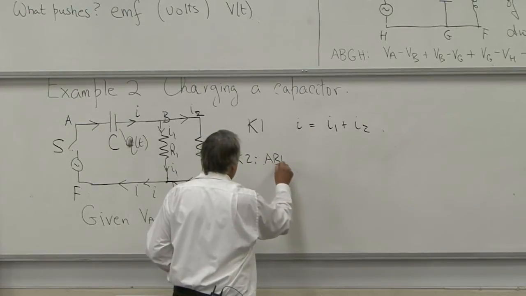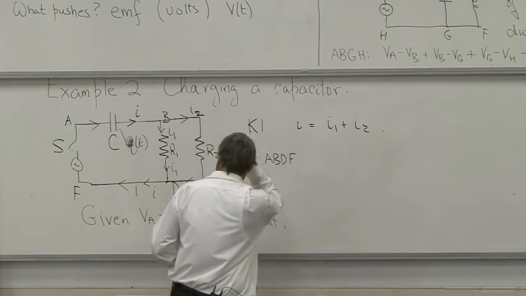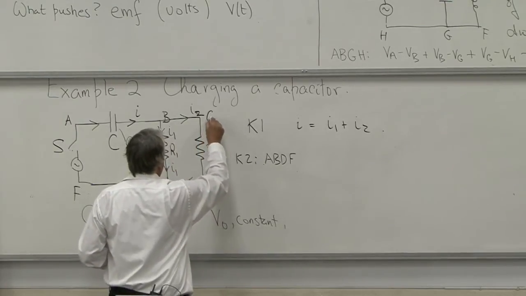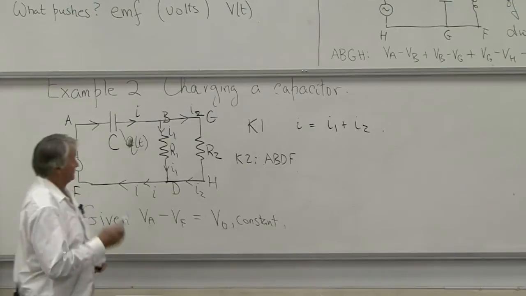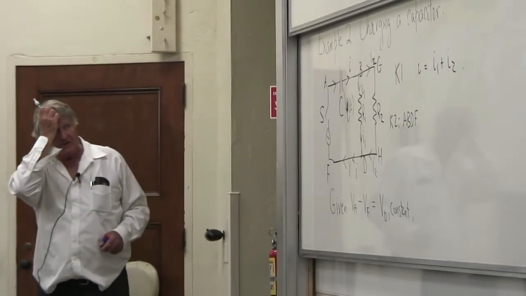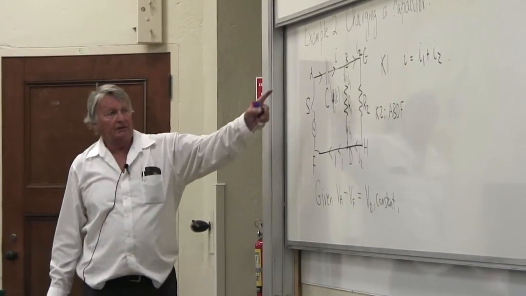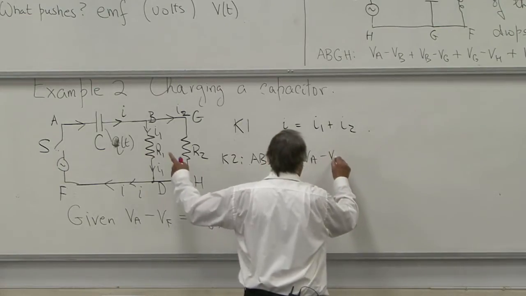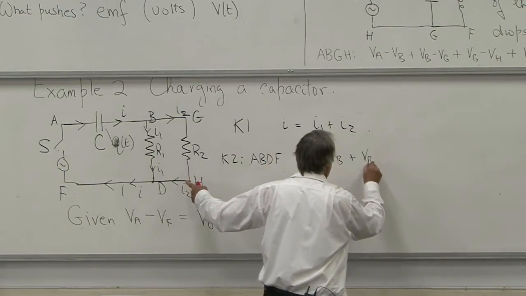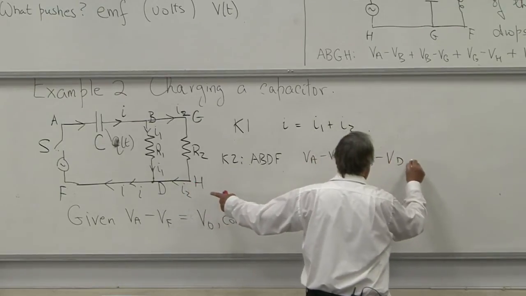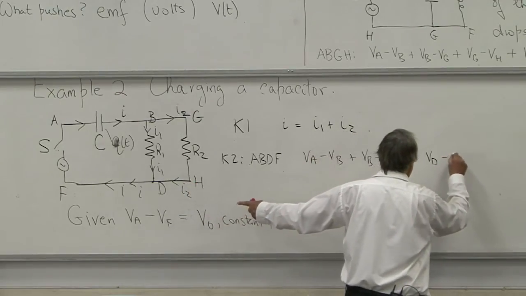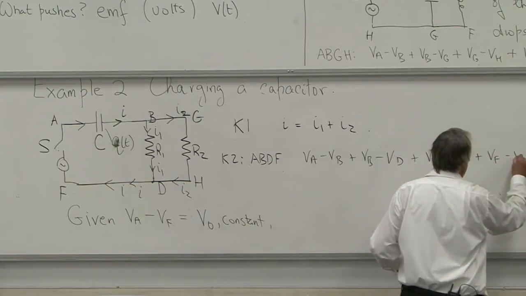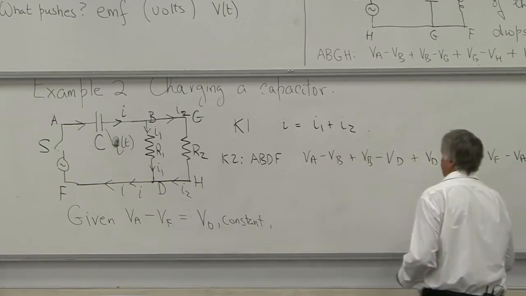K2. I'm going to do ABDF, and I have to give two extra letters here, G and H over here. ABDF: VA minus VB plus VB minus VD plus VD minus VF plus VF minus VA equals 0.